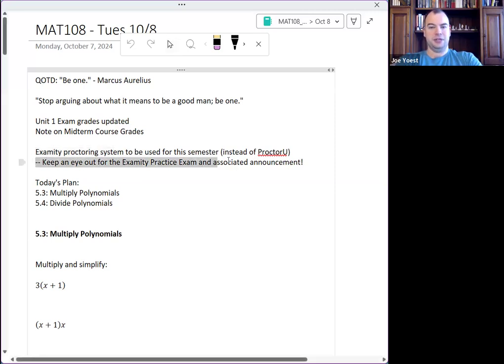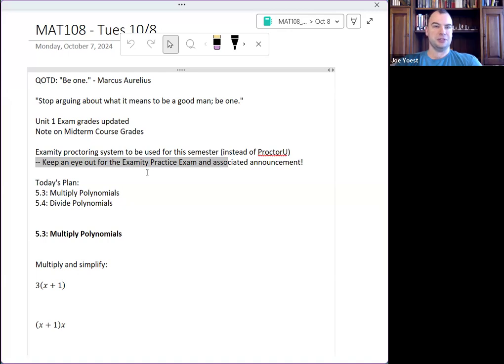So keep an eye out, I'm going to post an Examity practice exam and an announcement on Blackboard with some more detail about this. The goal of the practice exam, which doesn't count toward your final course grade, is for you to get logged onto Examity, get an account set up, and make sure all the tech works with your webcam and all that kind of stuff.